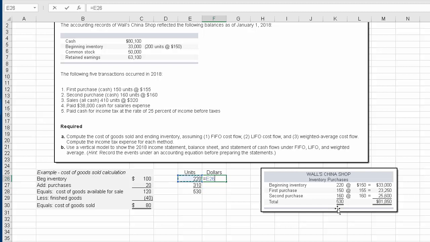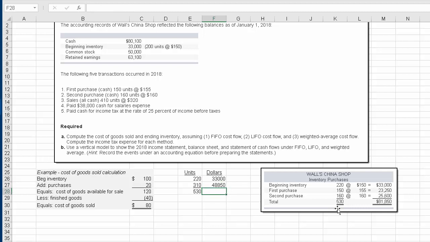I'll take that value times 150, and then this one I can't do by taking the 310 times a value, so I'm going to take 150 units times 155 and add 160 units times 160. And when I get that, I'll get the 48,850.